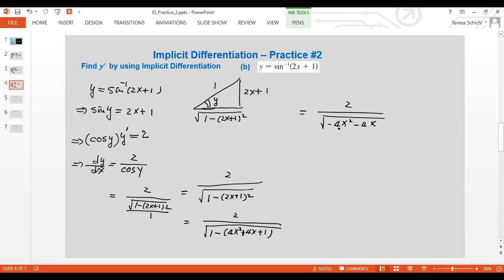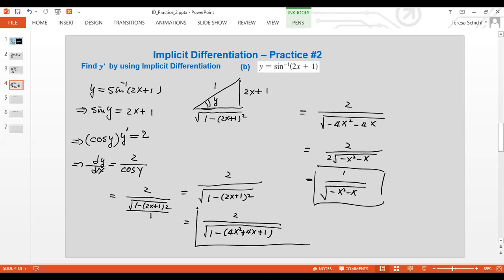And then you can factor the 2 out. So this will be 2 over the square root of 2 times negative x squared minus x, right? If you want, you can simplify it, or I think it is good enough if you just leave the answer in here. Okay, so that'd be good.